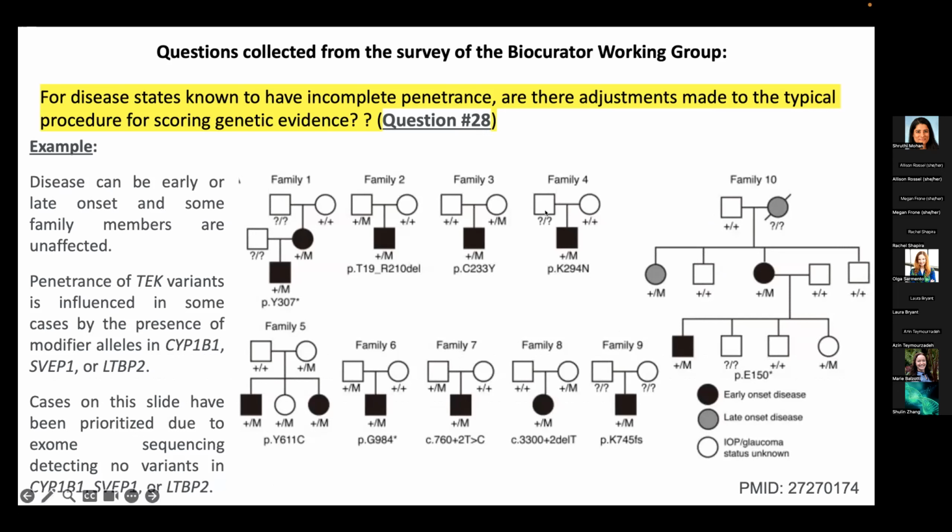I was going to come back to this slide and say that we ended up scoring most or all of these probands for the curation I was telling you about. The reason is that 3 loci were identified as having modifiers for the gene we were interested in, and these probands have been sufficiently genotyped to exclude alternative contributions from those modifier loci. So these aren't digenic cases; as far as we know, they are monogenic cases.